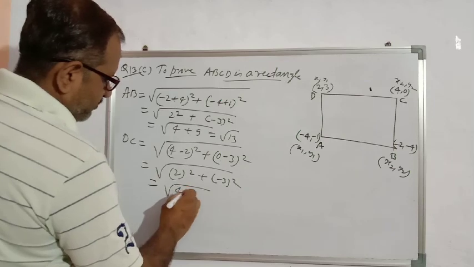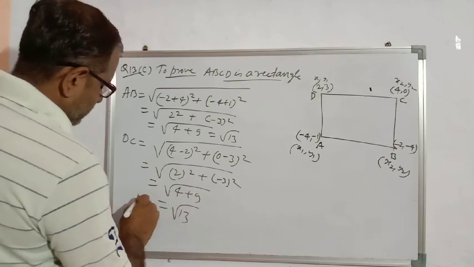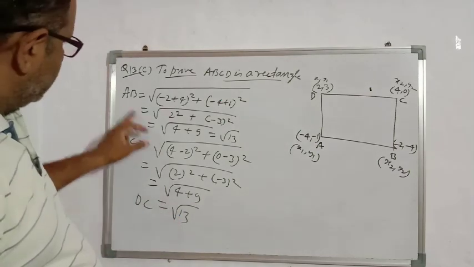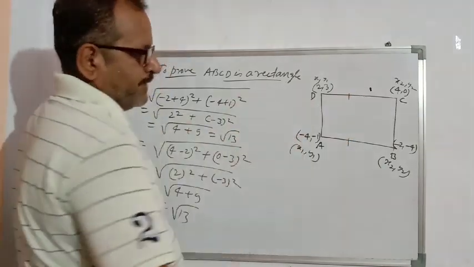So 2 square is 4, minus 3 square 9, 9 plus 4 is 13. So DC is equal to root 13, AB is also root 13. So these two opposite sides are equal.